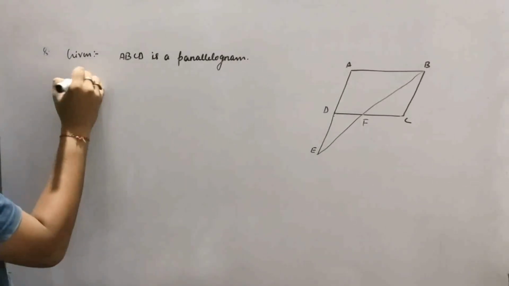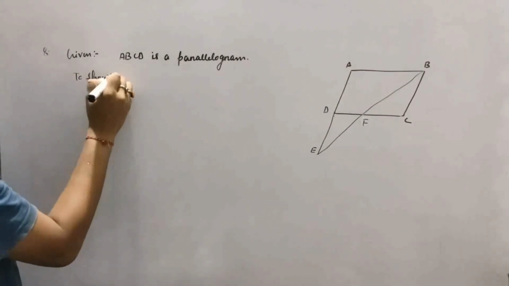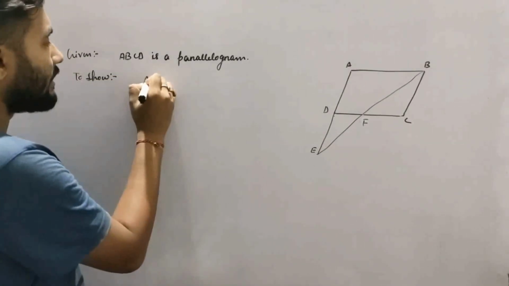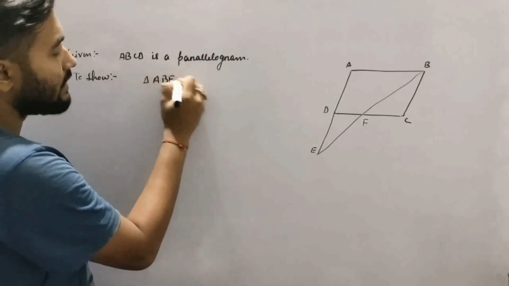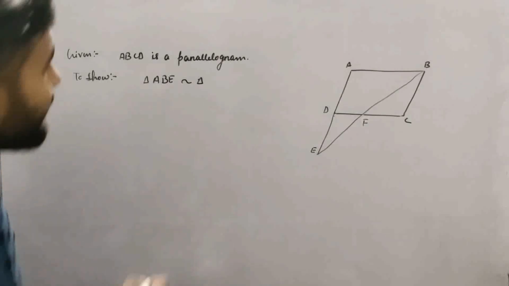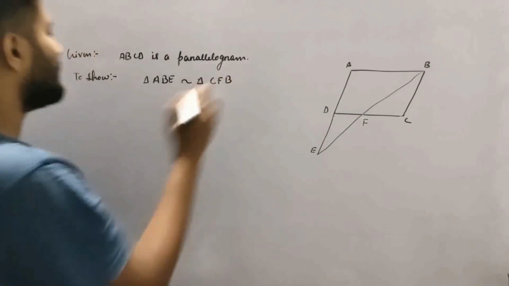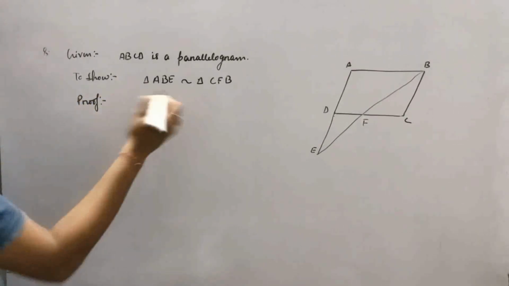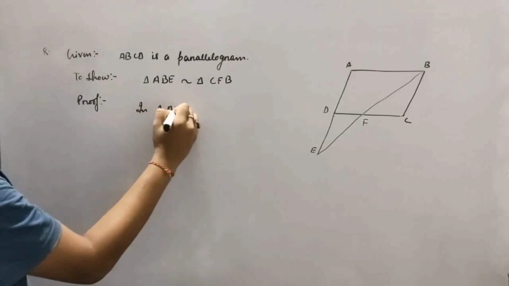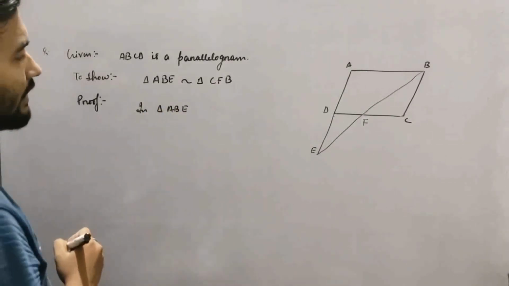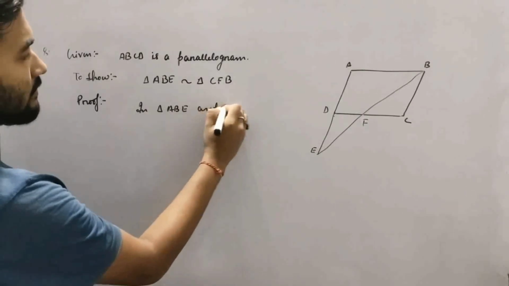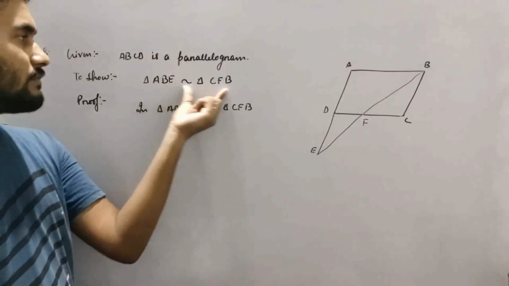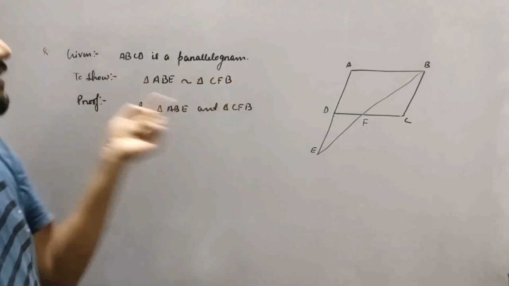Okay, to show: triangle ABE is similar to triangle CFB. Okay, so proof. Consider these two triangles. Simple proof: in triangle ABE and triangle CFB. Since it is already mentioned in the book itself, we will use from here only.